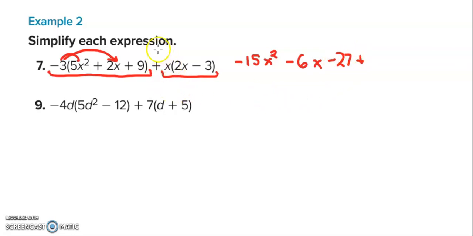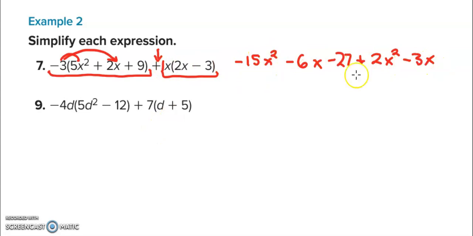Plus, because we have this plus, well, we have x times 2x. Well, the 2 isn't going to change because it's 1 times 2, and then x times x, x squared. X times a negative 3, minus 3x. Because it's a negative 3 times x.